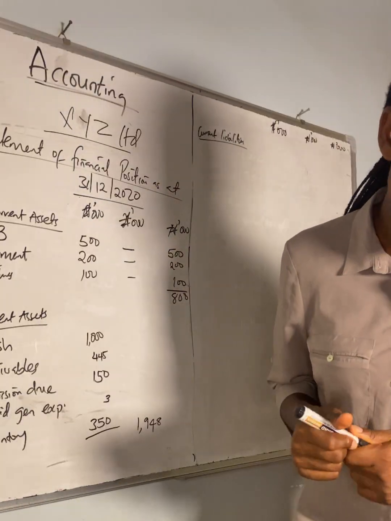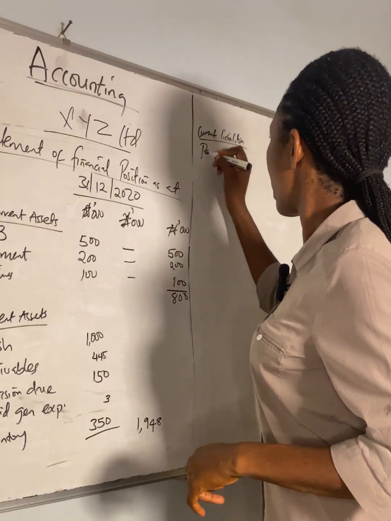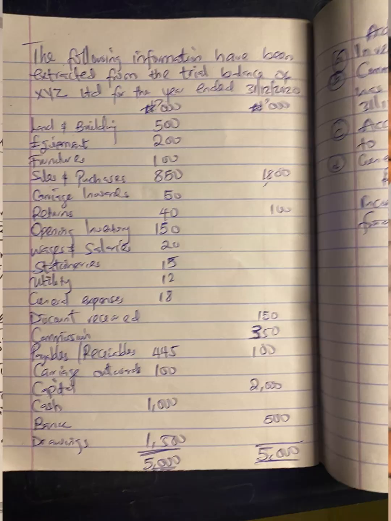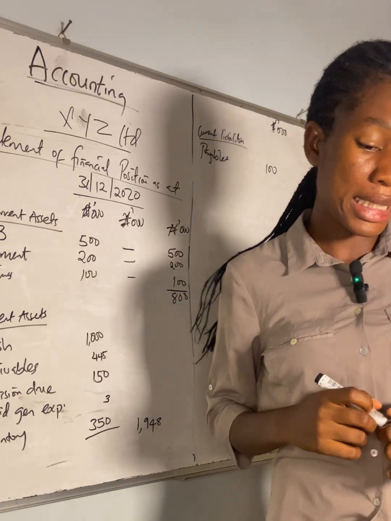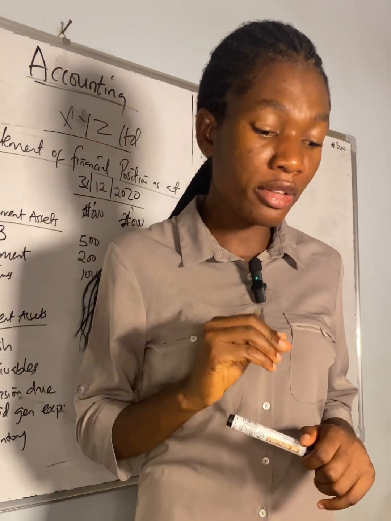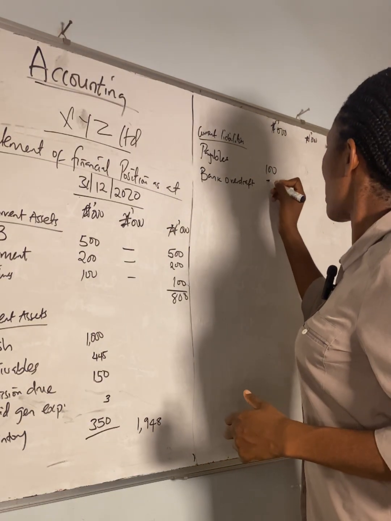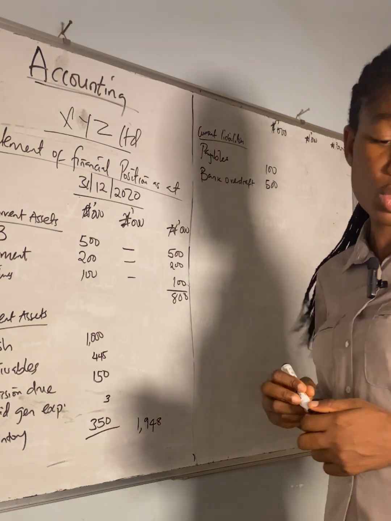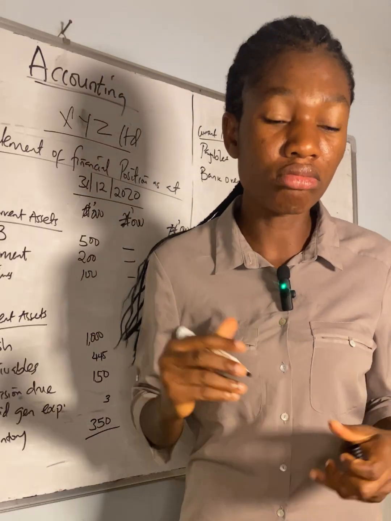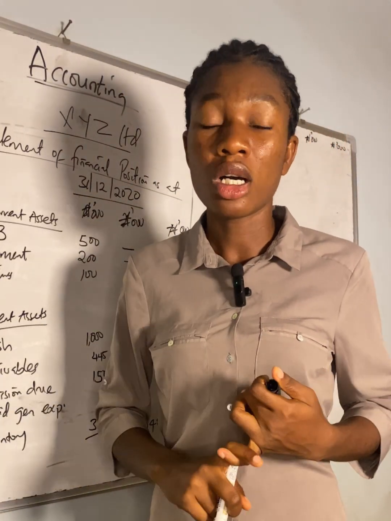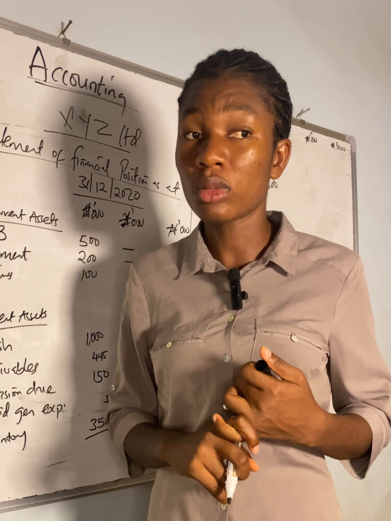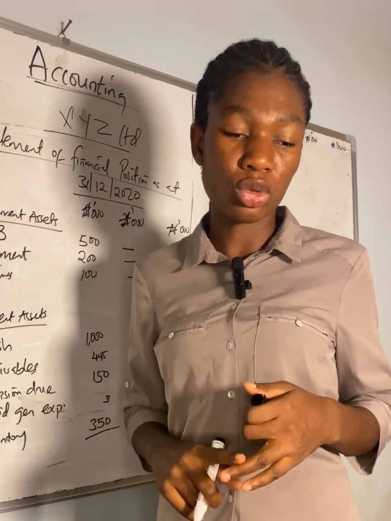Like I said, we have payables. Our payables amount as given on the credit side is 100,000. We have bank overdraft, and our bank overdraft is 500,000. Like I said, we have prepaid income and accrued expenses.